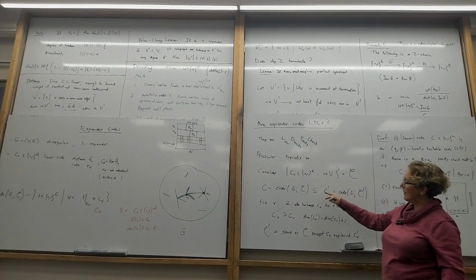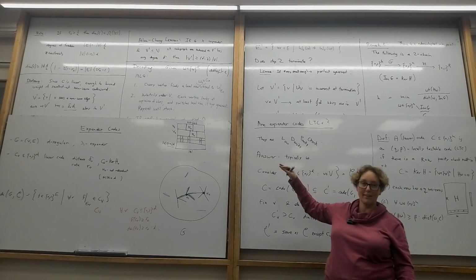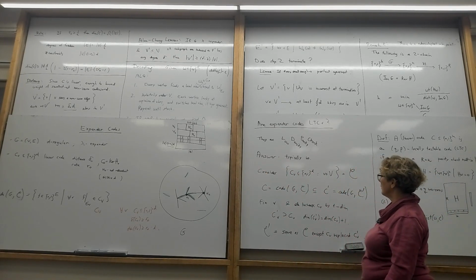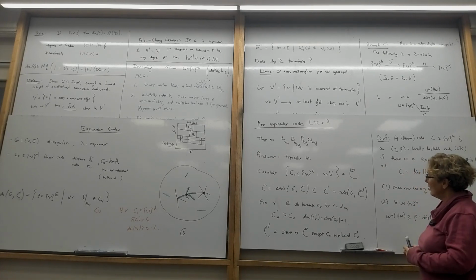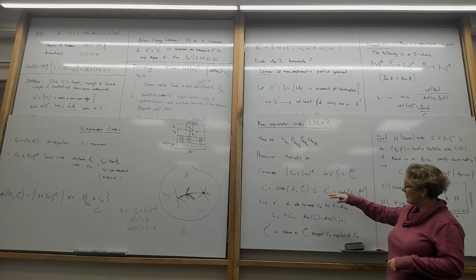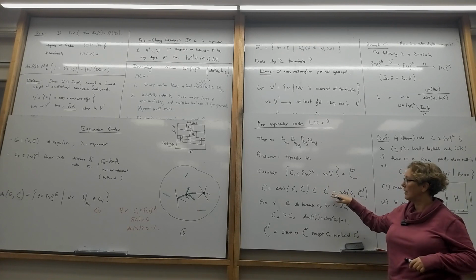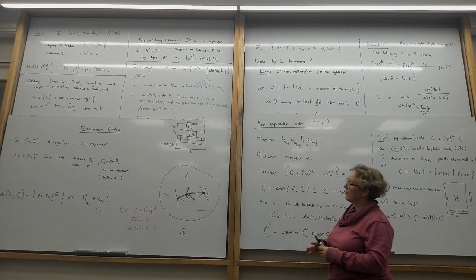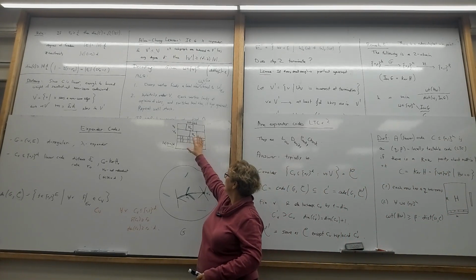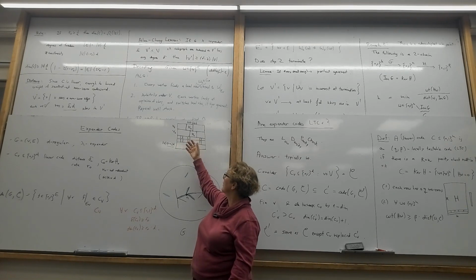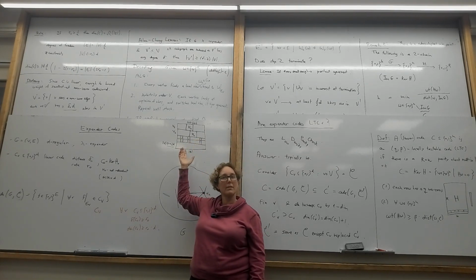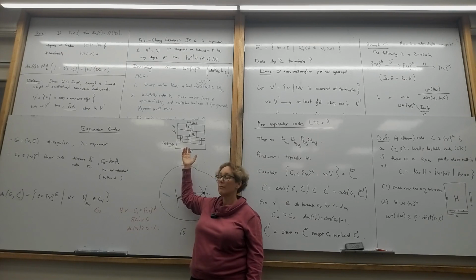because C is the kernel of a bigger matrix, and C prime is the kernel of a smaller matrix. It could be that C prime is actually bigger, or it could be that they're the same. When are they going to be the same? I took a matrix, I erased one row, and now I look at the kernel. When is the code going to be the same? There was a redundancy.